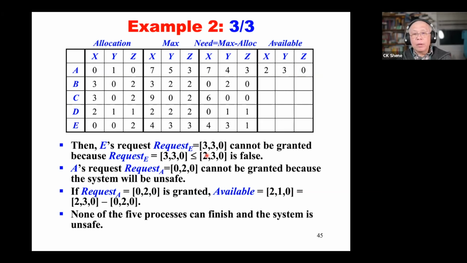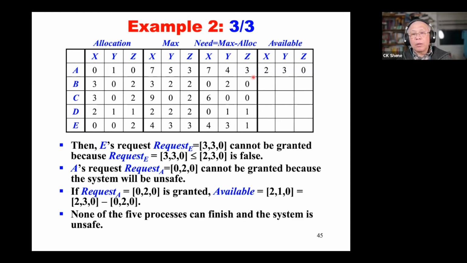Now, what if in the same situation, A made a request to use 0, 2, 0? So if you make this request, 0, 2, 0 would make the available 2, 1, 0.